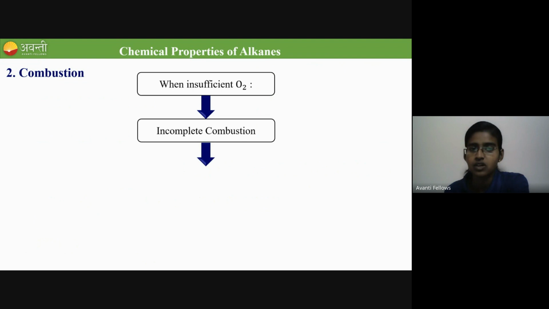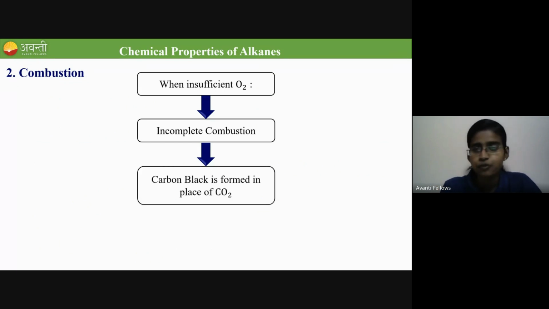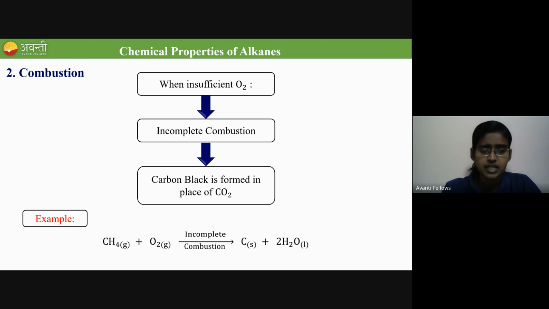In this reaction, carbon dioxide will not form. Instead of that, carbon black is formed in place of carbon dioxide. I'll show you an example. So here is the example for you.